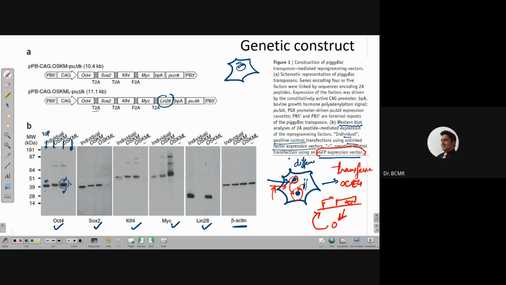Okay, it is always a relative count. How do you know if it is the same amount or not? One of the nice ways is to use beta-actin. It will tell us that we added the same amount of sample. It is kind of normalizing for the amount of sample that we are adding, which would also imply that it is like taking protein from a normal number of cells.